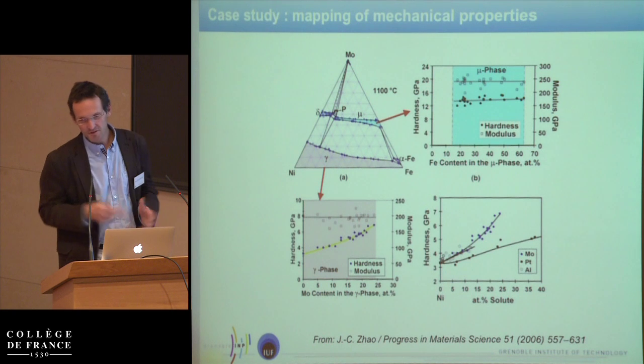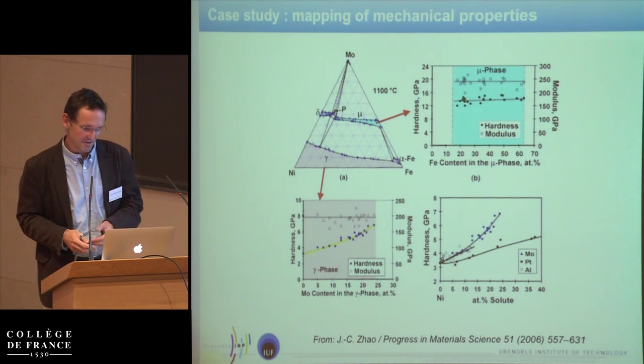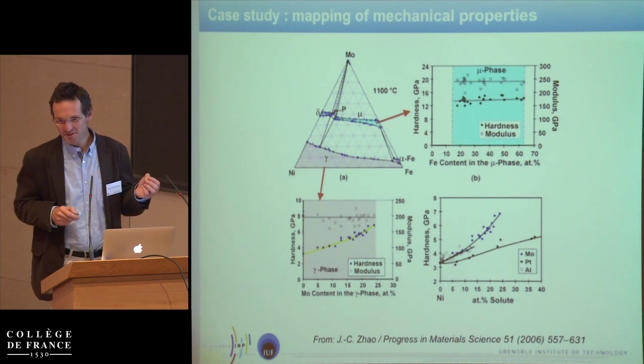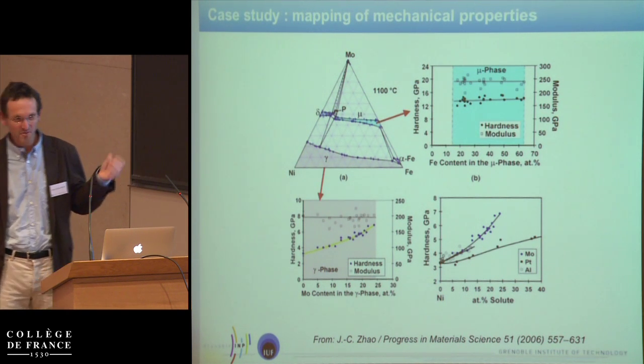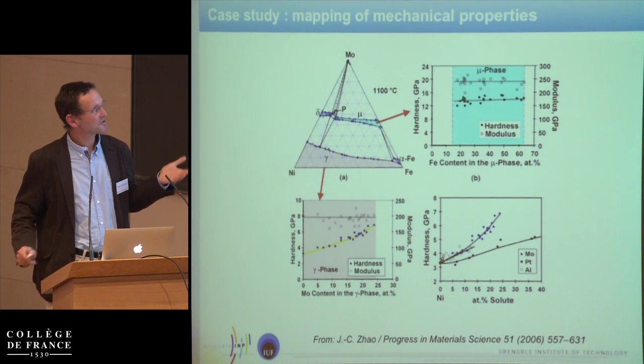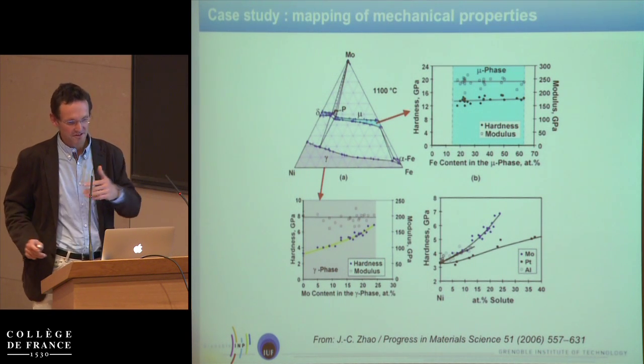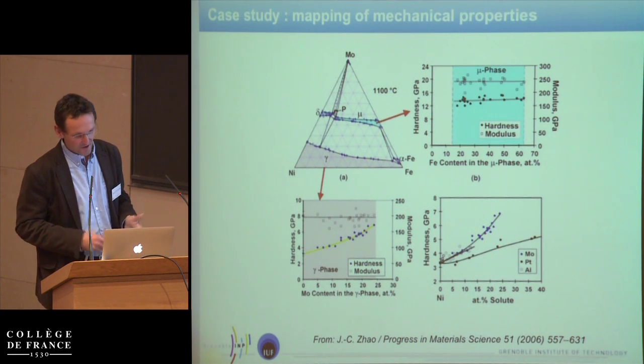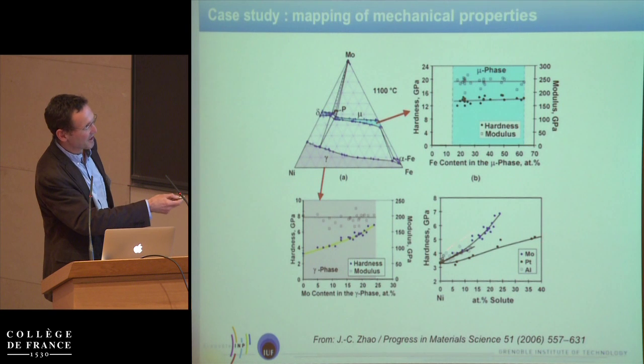So here, it's a semi-continuous characterization. But if the spacing between the different hardness points that you get is small compared to your chemistry gradient, then you get an almost continuous measurement. And you can optimize the properties that you're looking at here. It could be hardness.